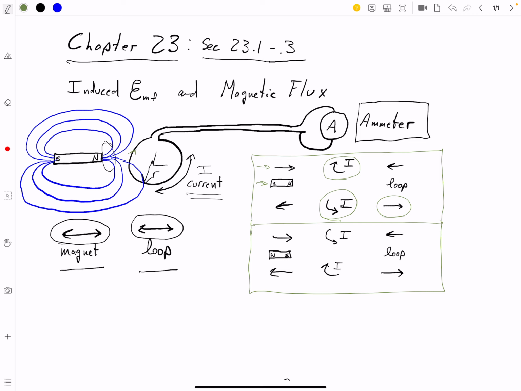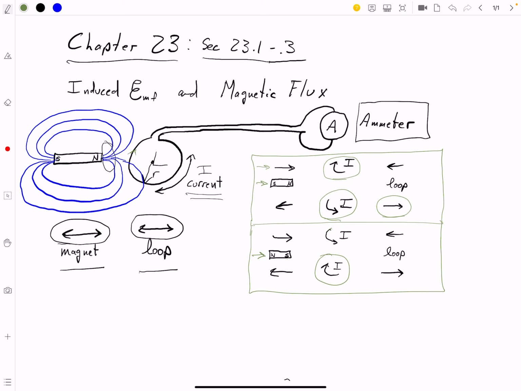If we flip the magnet around, then we get the exact opposite. We're going to insert the south end into the loop, and what that's going to do is generate a current going down on the left side. And if we remove the magnet from the loop, that generates this current going up on the left side.